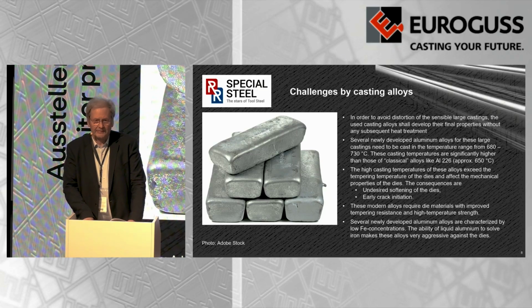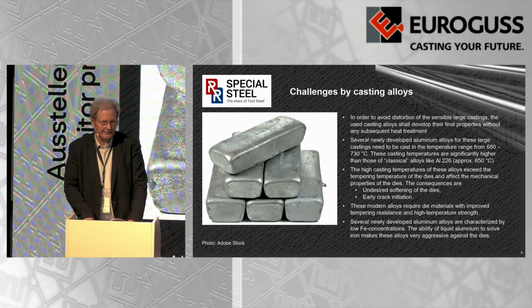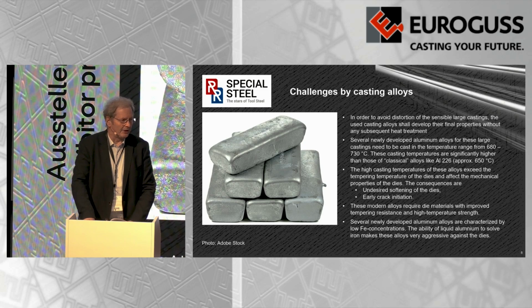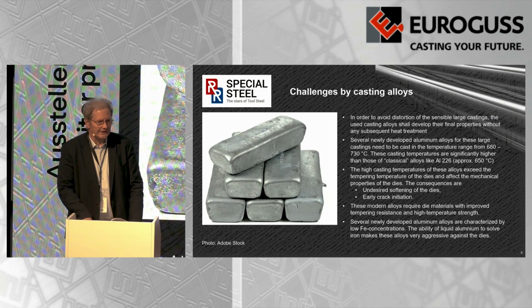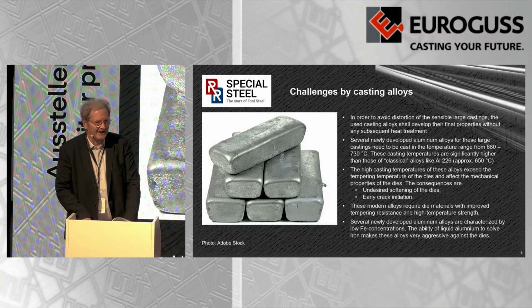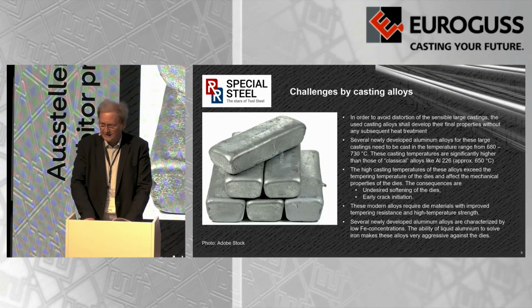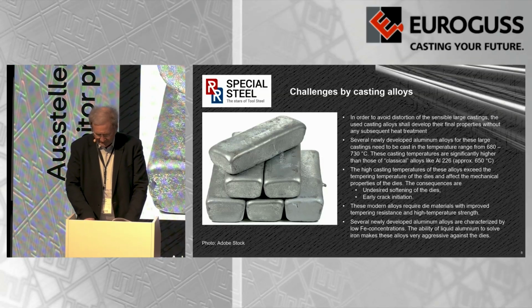And that means the higher the casting temperature and the lower the iron concentration in the aluminum alloy is, the more aggressive is the cast alloy against the die steel. This is something we can hardly encounter with the steel, and that is why we need to consider a coating like PVD coating on the die surface in this case.